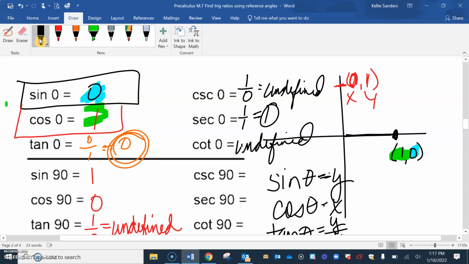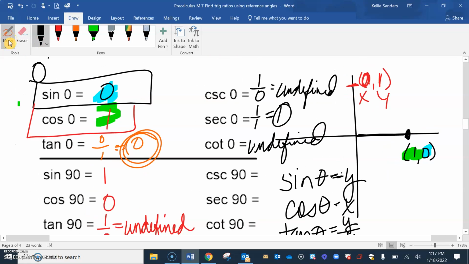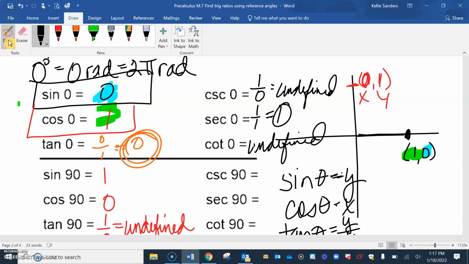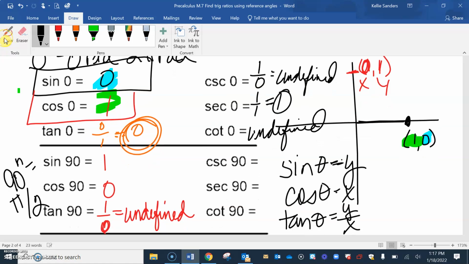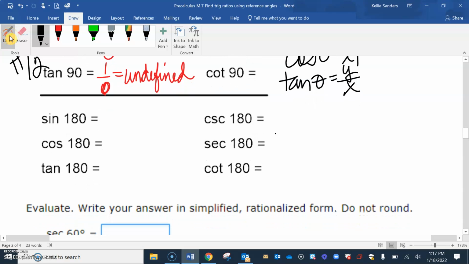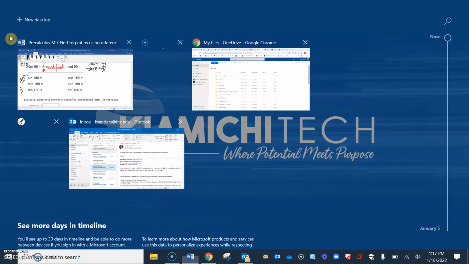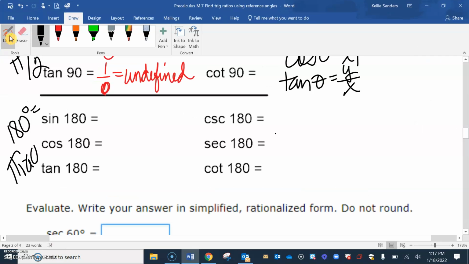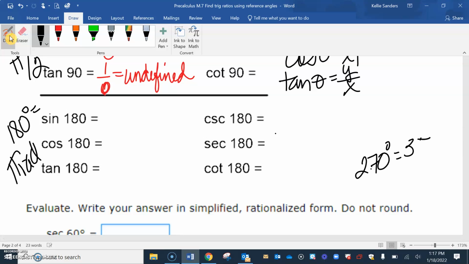Don't forget on radians. 0 degrees is the same thing as 0 radians, or 2 pi radians, right? 90 degrees is the same thing as pi over 2. 180 degrees is the same thing as pi radians. And I didn't have it on here, but 270 degrees is 3 pi over 2, because it's 1.5.